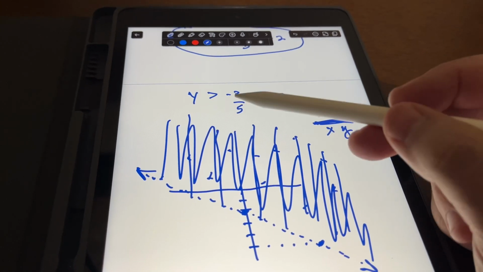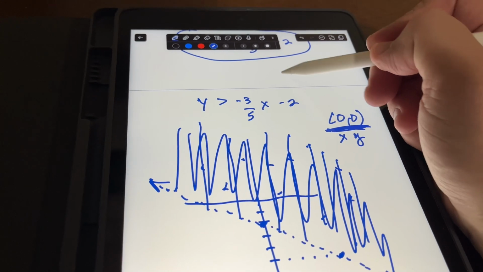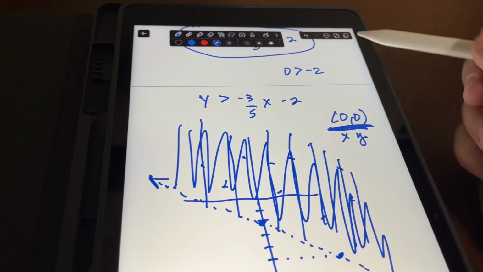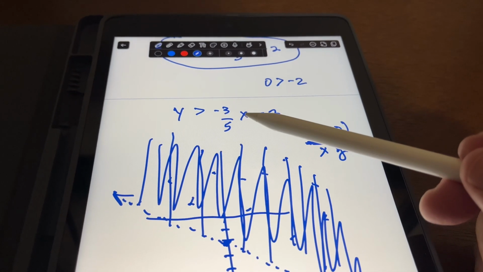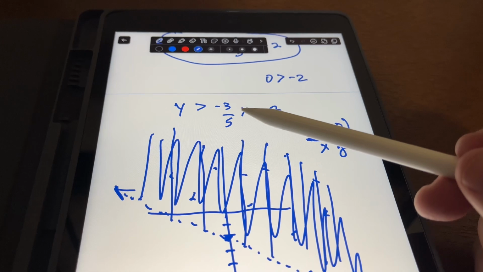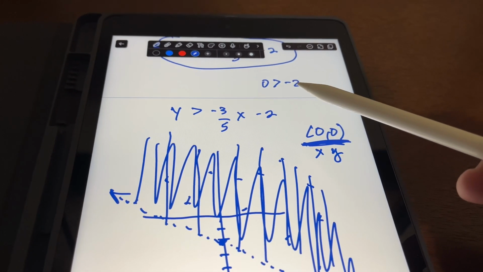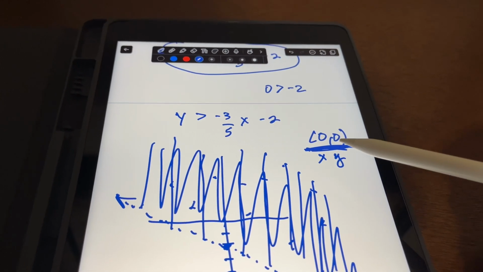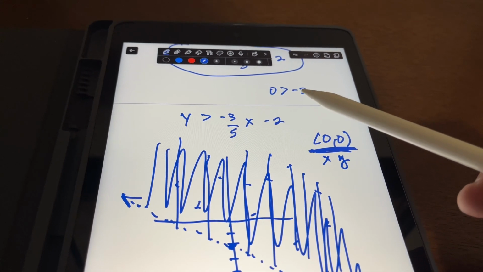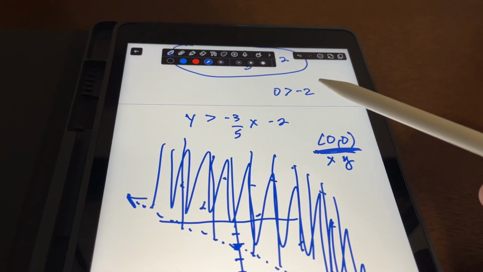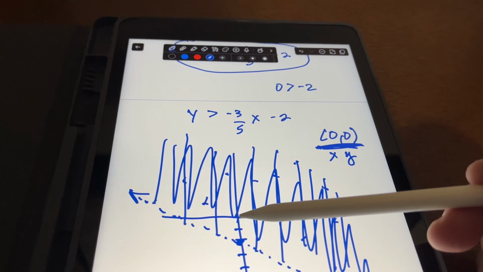And then you put this 0 there, what you would have is 0 is greater than -2. Do you understand that? So if I put 0 there, -3/5 times 0 is 0. 0 minus 2 is -2. So I get -2 over there. And I put 0 in Y's place. I get 0 is greater than -2. Well, is 0 greater than -2? Yes. So notice it's in the shaded region.